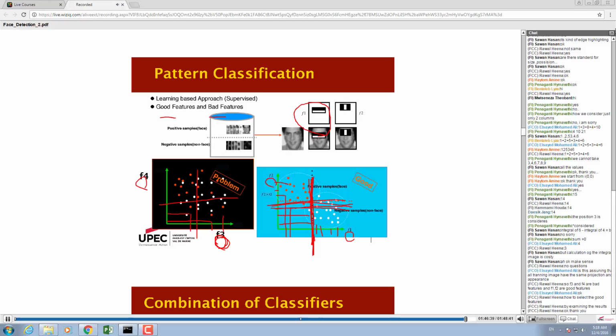If I input a face and it says face based on the threshold, it is a success. If I input a face and it says non-face, it is a failure. We calculate the error rate that way, so we select the best features based on classification error. A small error means a good feature.